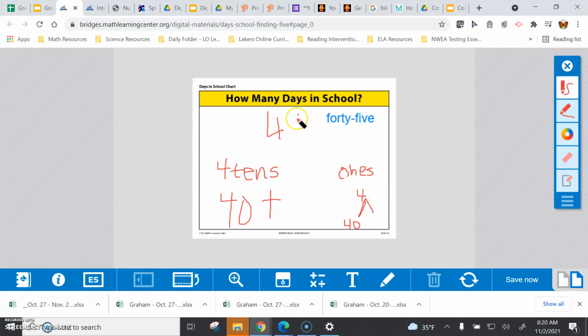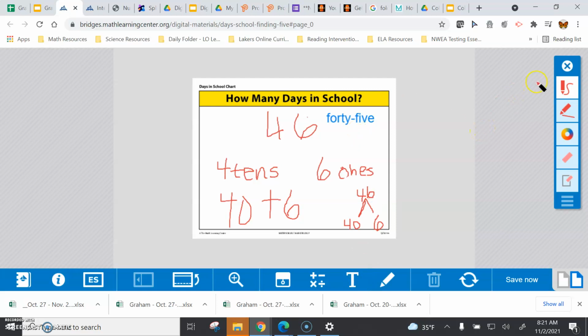We will now have 46 days in school with 4 10s, 4 groups of 10, and 6 1s that were by themselves. Our math equation is 40 plus 6. Our number tree would be 40 on one side, 6 on the other side, for a total of 46.